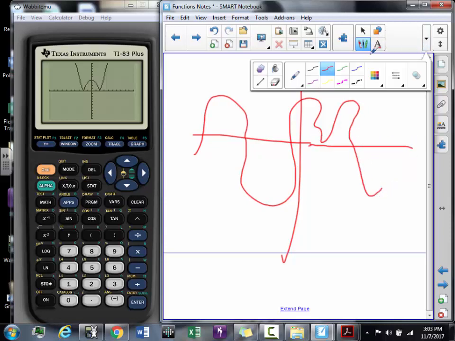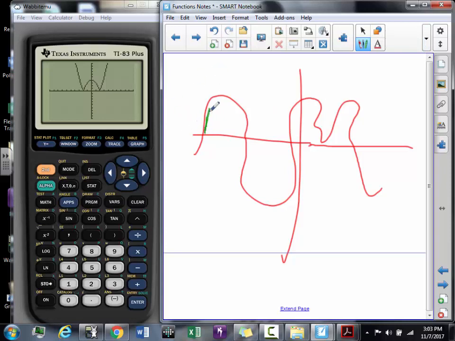Don't draw this out, just watch. This section here would stay the same because it's already positive. This section here would stay the same because it's already positive. I'm going to cheat because I can. This section here was negative. This section here was negative.